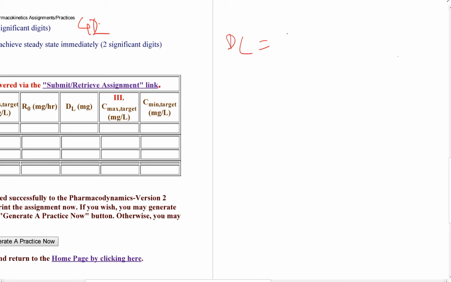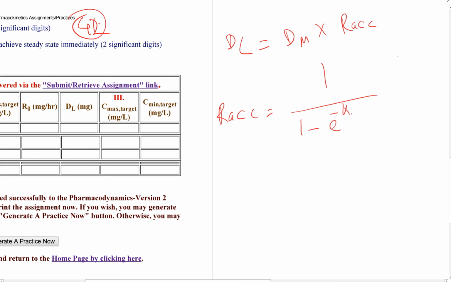DL is equal to DM, maintenance dose, which is this one, times RSCC. RSCC is equal to 1 minus e to the neg k tau.